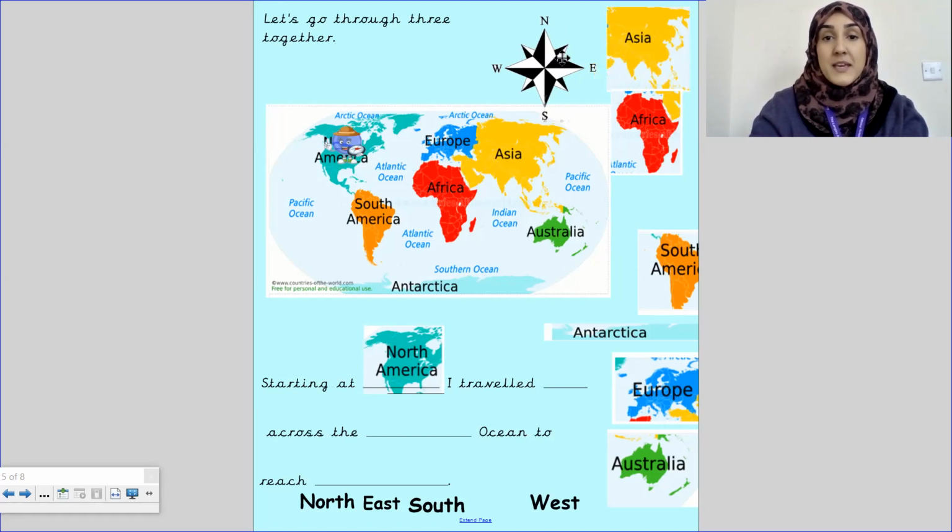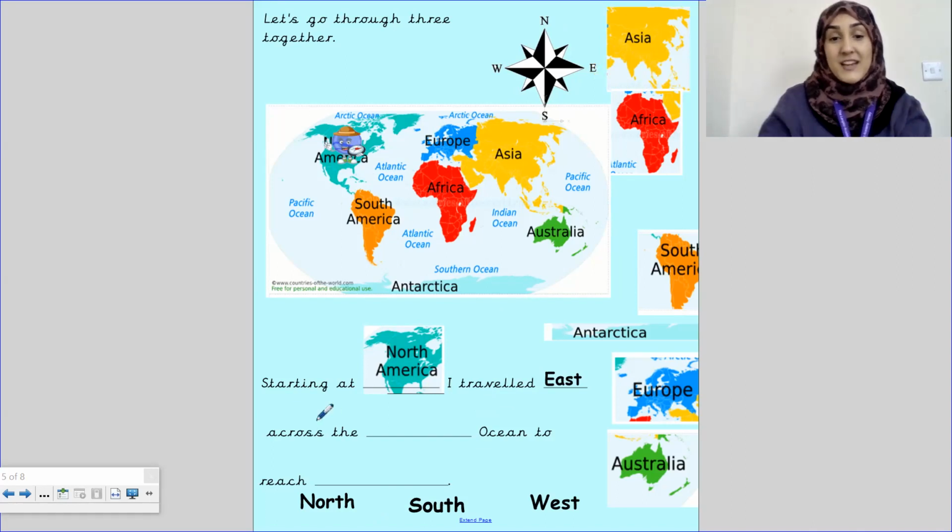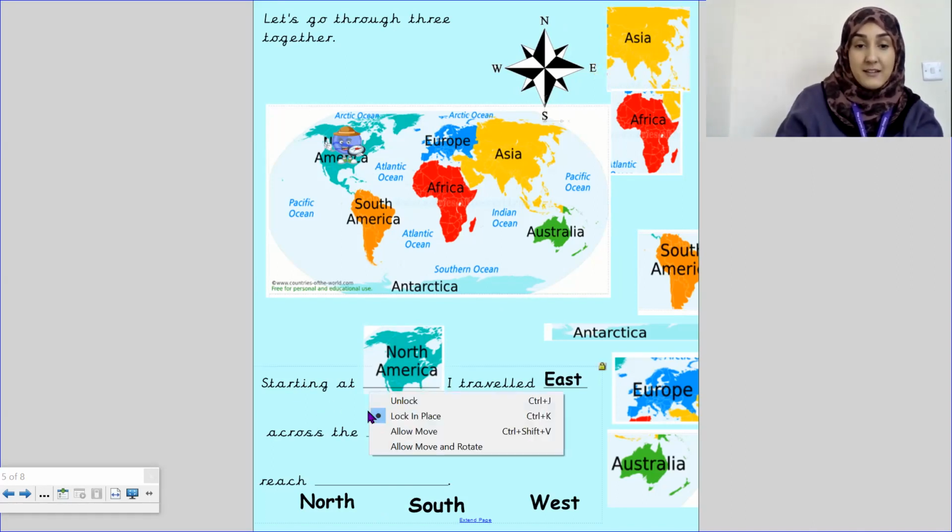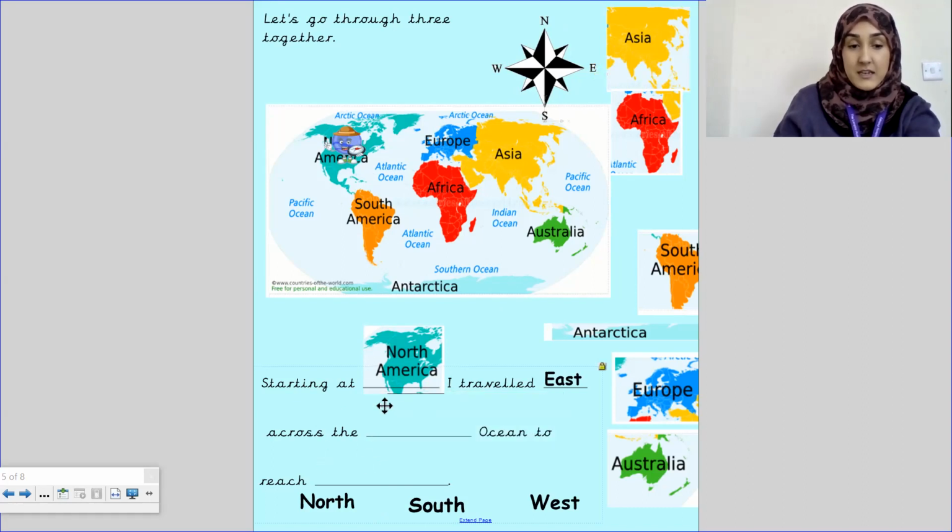Use this compass up here to help you. Well done, east. Starting at North America, I travelled east across which ocean? Which ocean will Mr. Blue travel across? Well done, it's the Atlantic Ocean again. That's a very popular ocean today. Atlantic Ocean.